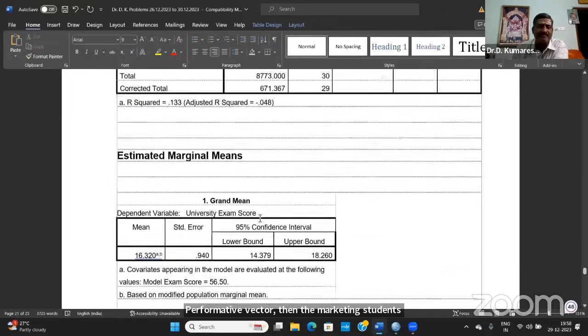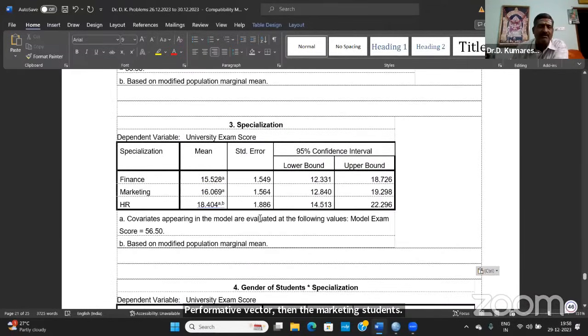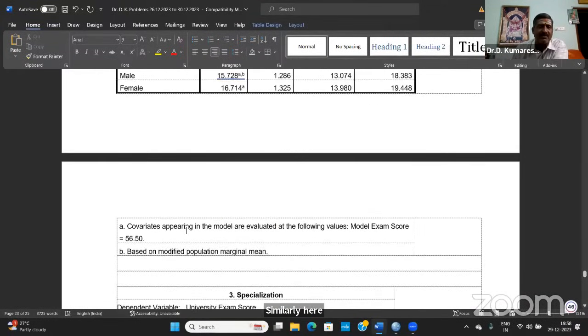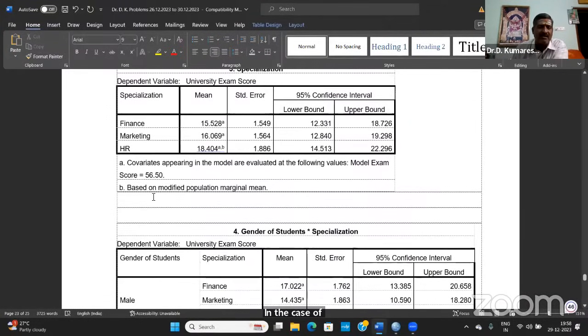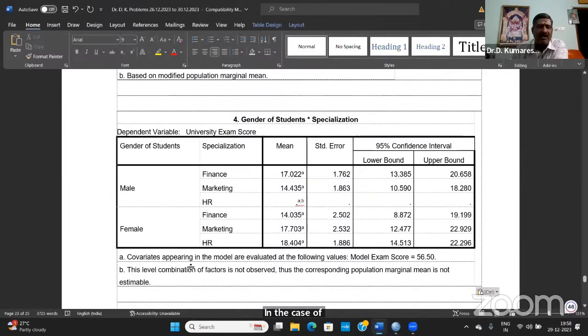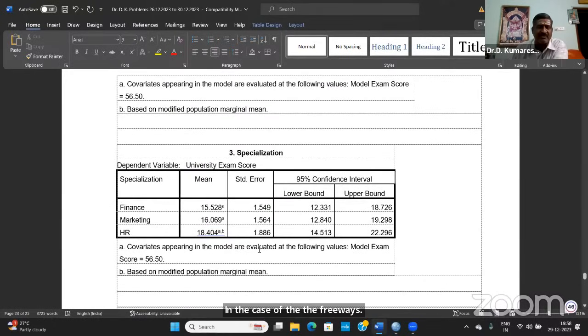Similarly, in the case of the female students, here, specialization. HR students have performed better.